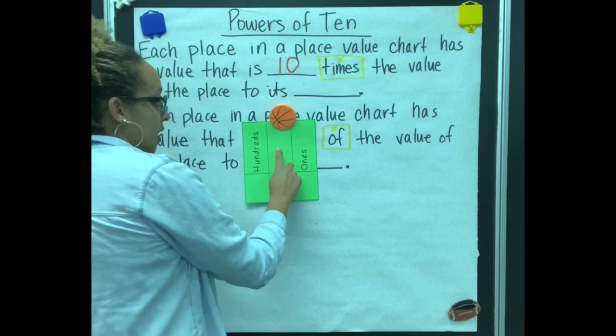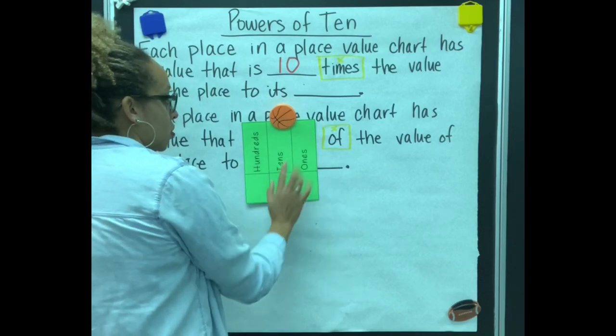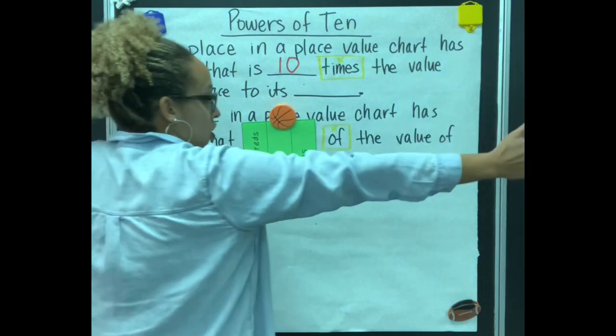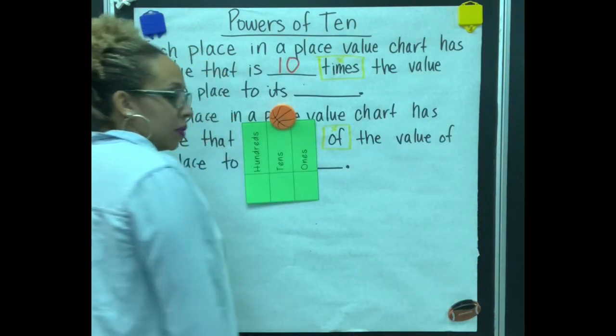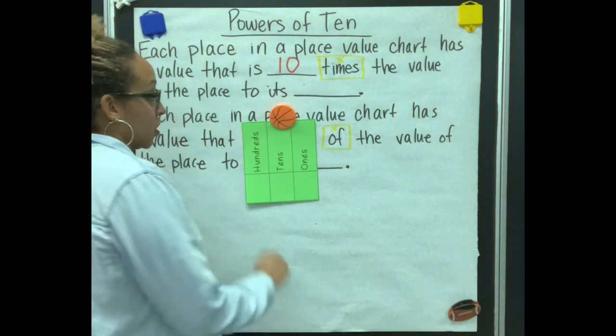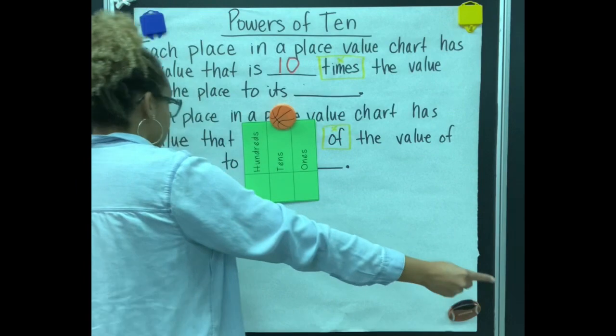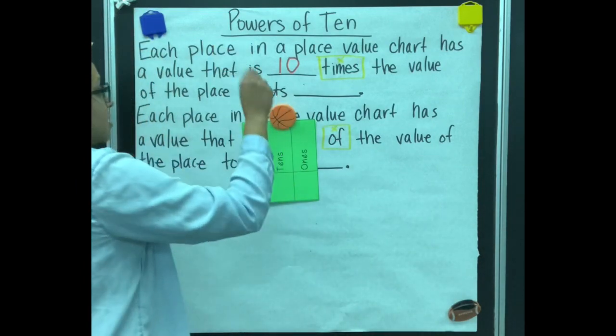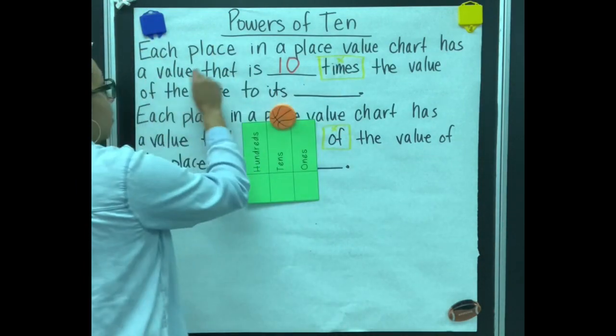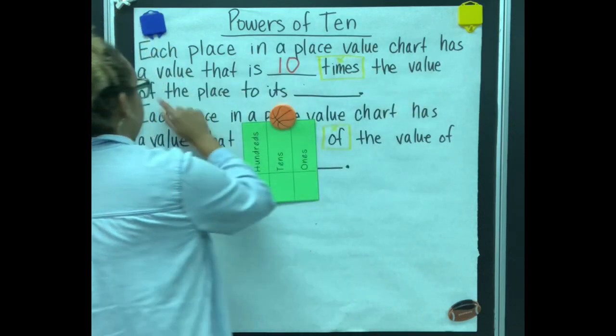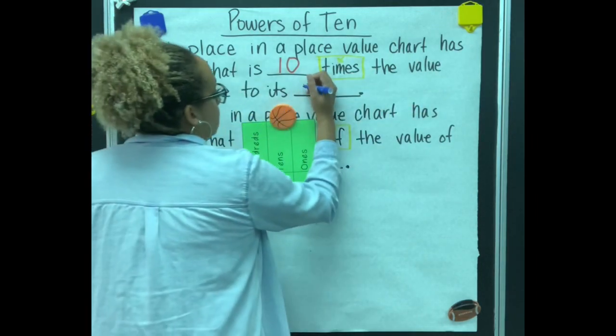Tens place is 10 times greater than our ones place. So our ones place is which direction on our place value chart? It is to the right. So we're going to say each place in a place value chart has a value that is 10 times the value of the place to its right.